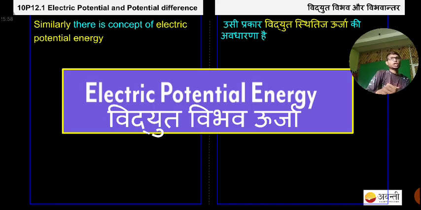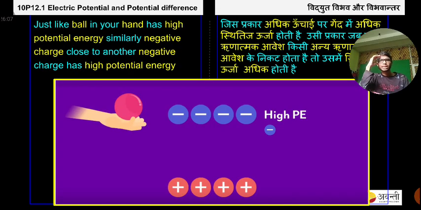Now, electric potential energy. Similarly, there is a concept of electric potential energy. Just like a ball in your hand has high potential energy, a negative charge close to another negative charge has high potential energy.